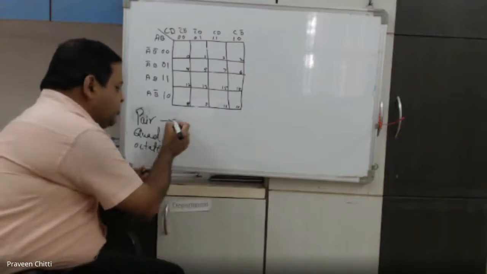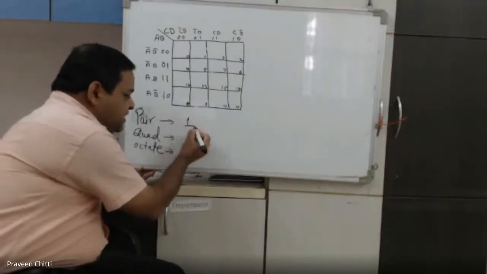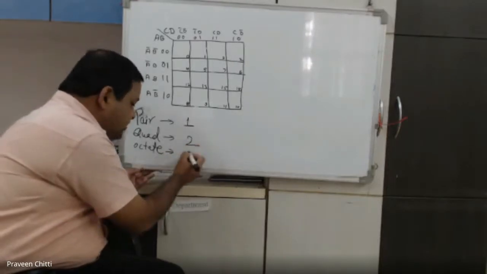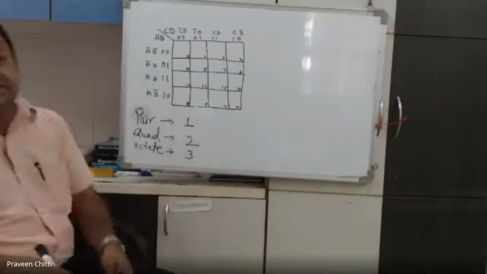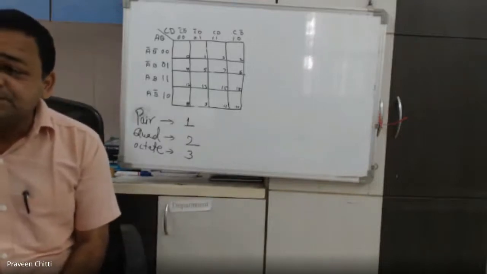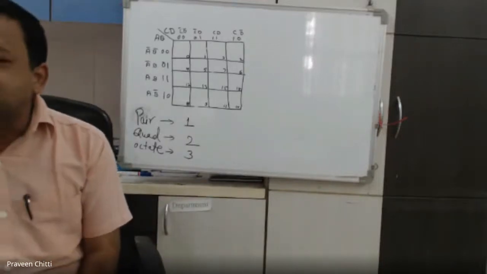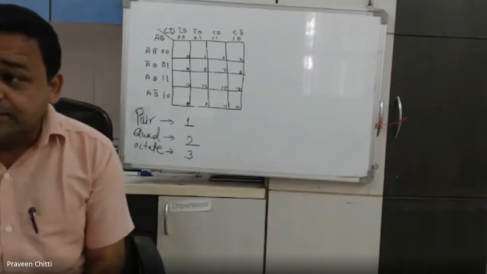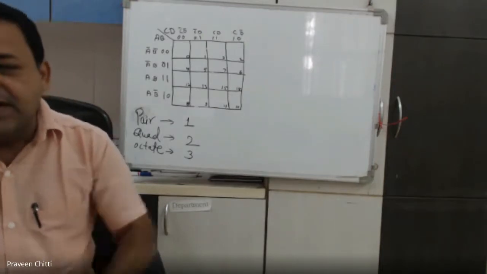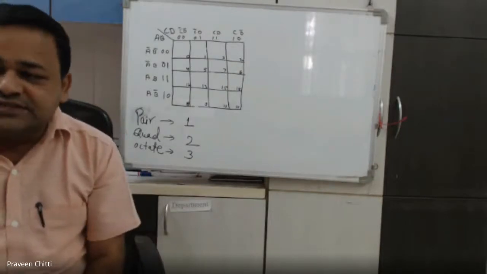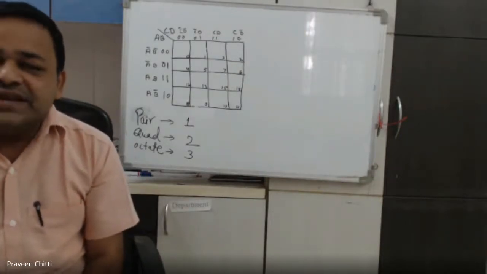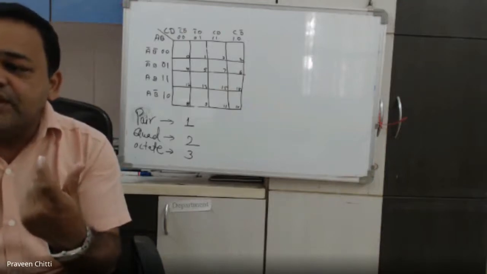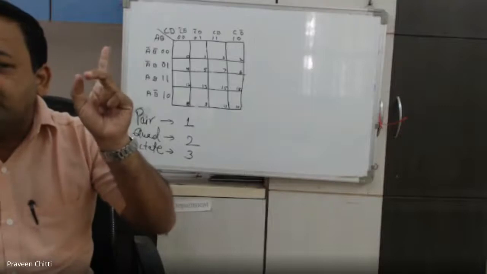And the very important property here: a pair eliminates 1 variable, a quad eliminates 2 variables, an octet eliminates how many variables? 3 variables. Eliminates means those literals will not be present in that particular product term when you are writing the SOP expression. And the same is applicable for POS also. So once again, a group of 2 adjacent ones is called a pair which eliminates 1 variable.